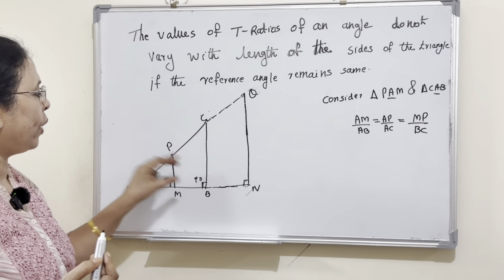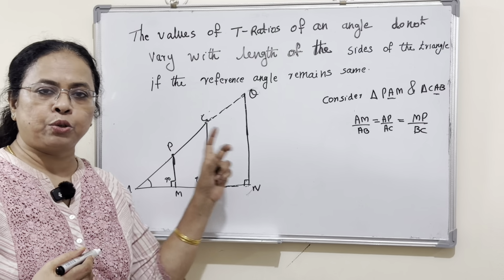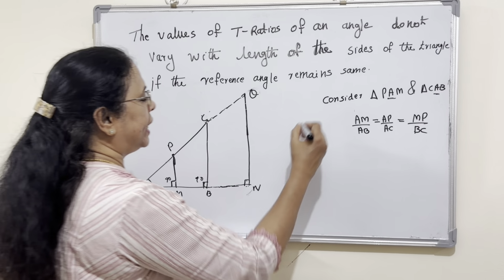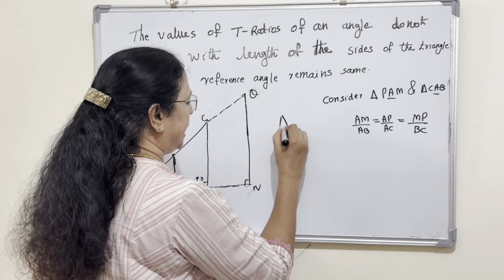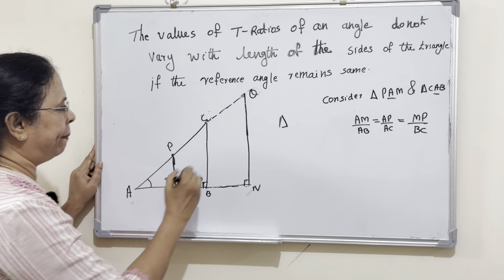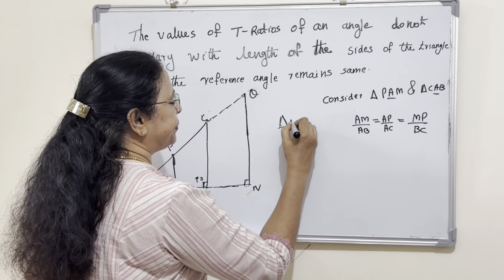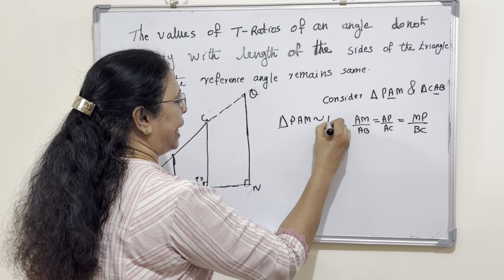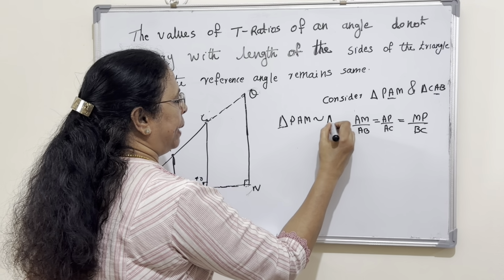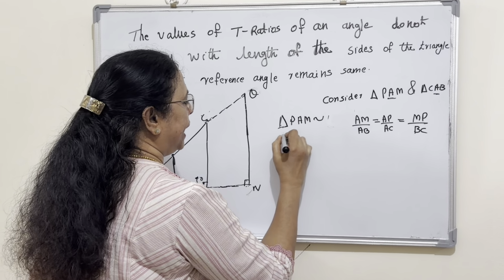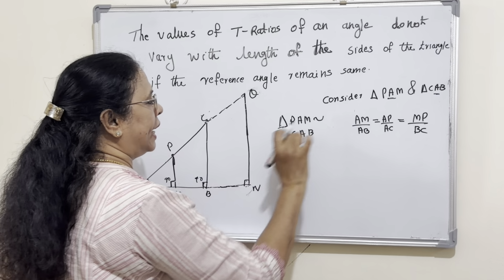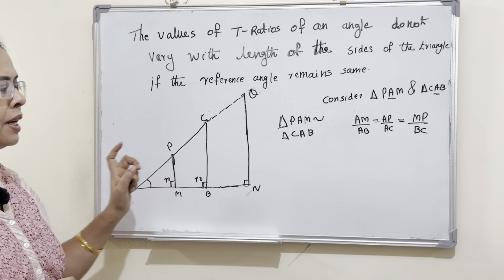But at least two angles equal means the two triangles are similar. So I can write triangle PAM is similar to triangle CAB.